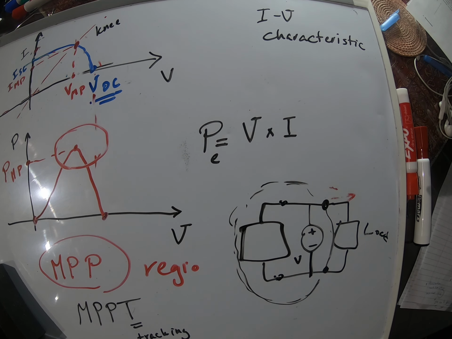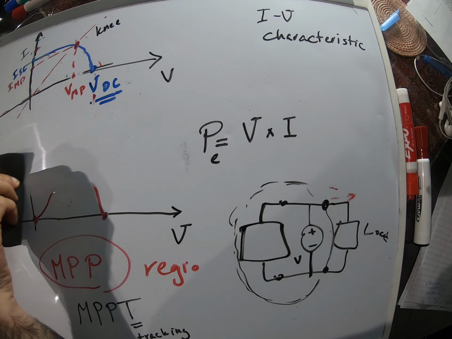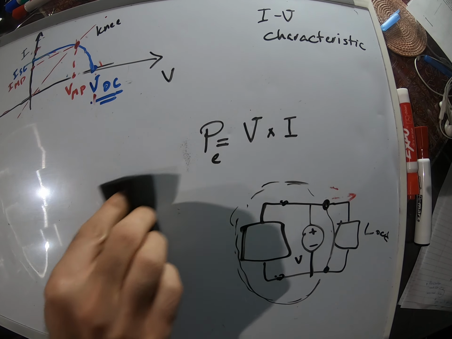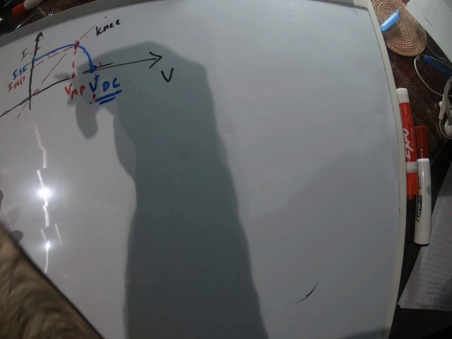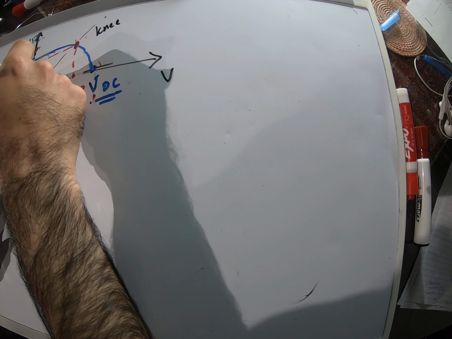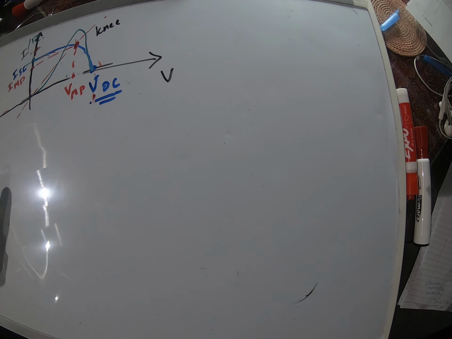So there are different methods, but I'll just talk about some of the most common methods that are available for maximum power point tracking. Let me draw the P here as well, something like this.